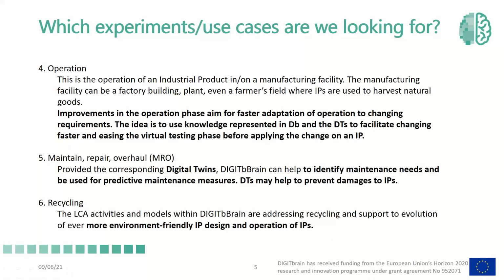That's just an example. And in the recycling phase, or in a more general sense, enabling more environmentally friendly designs of production and production machines. You also may want to use data from the field and interpret it in a digital twin, performing LCA analysis as an example to decide how to generate greener production.